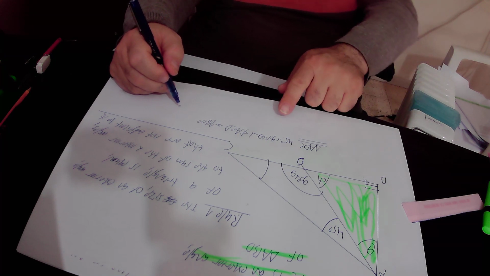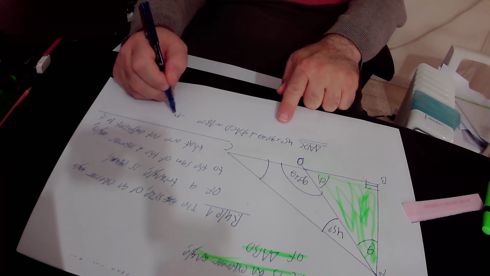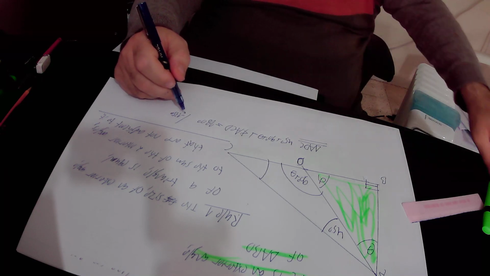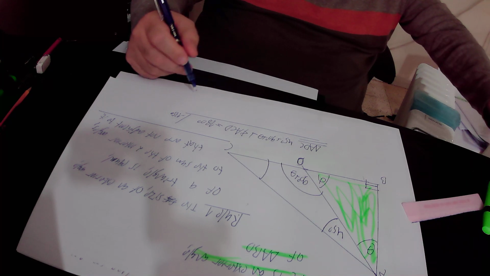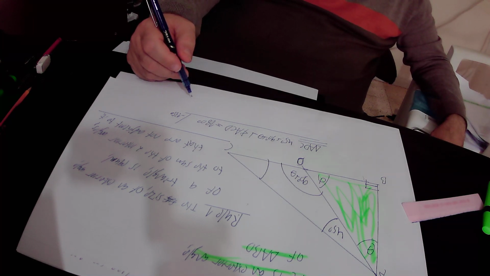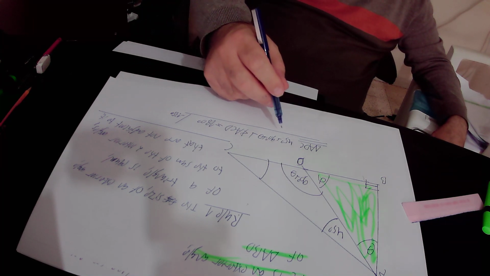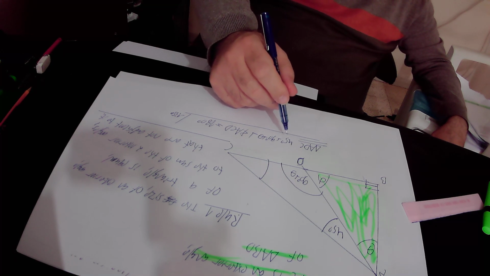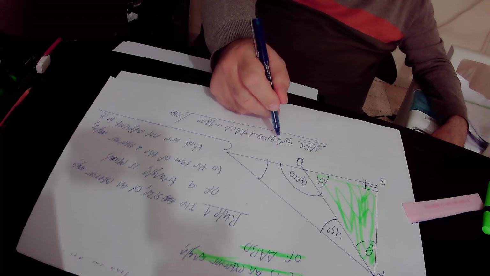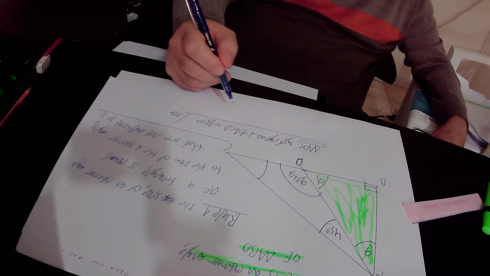Here we subtract 135 degrees from this equation, and we get that (45 degrees plus 90 degrees is 135 degrees), so it will get cancelled.